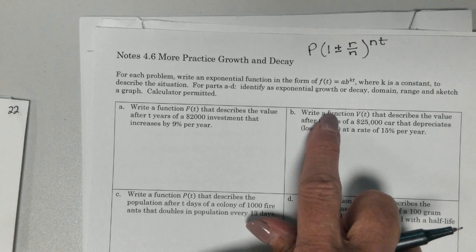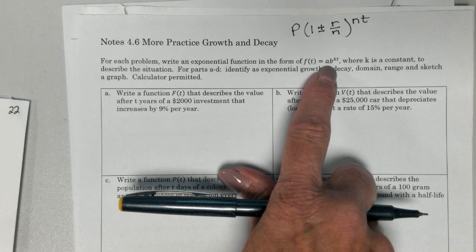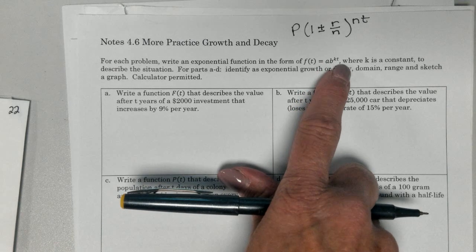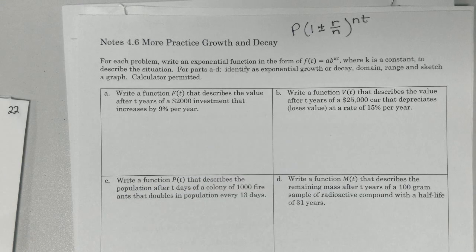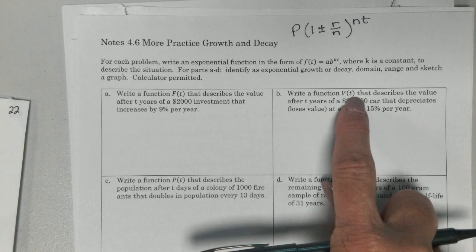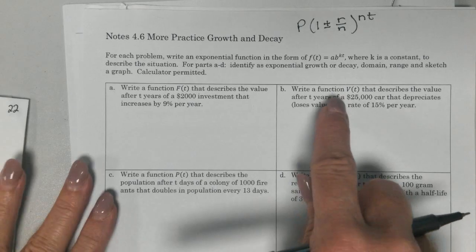And right here, it says to use the form A times B to the kt power, where k is a constant. I don't want you to get hung up on these formulas like, oh my gosh, what do I need to do for k? What do I need to do for a? What do I need to do for b? It's all the same thing.